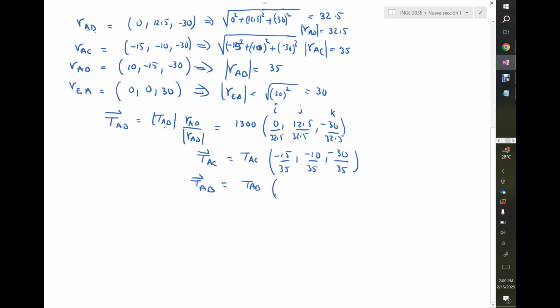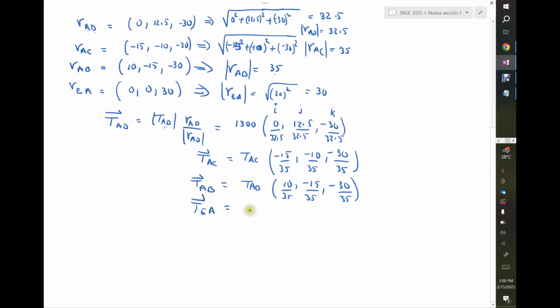So again, TAB, that will be 10, minus 15, minus 30, and all that needs to be divided again by the magnitude, and that would be 35, 35, 35. Close here.